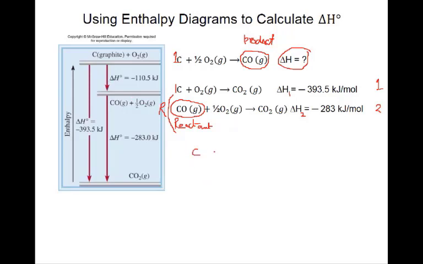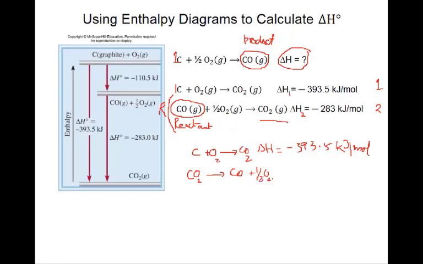Carbon plus oxygen changes to carbon dioxide, and delta H is equal to minus 393.5 kilojoule per mole. The second equation is reversed, so carbon dioxide will come first, CO2 changes to carbon monoxide plus half oxygen.